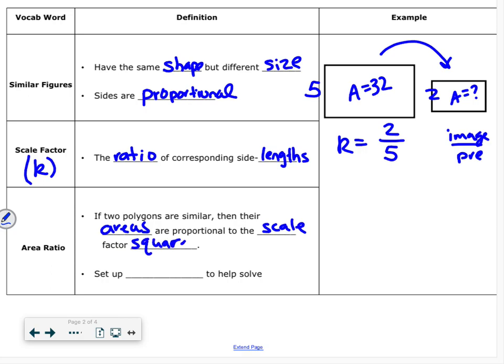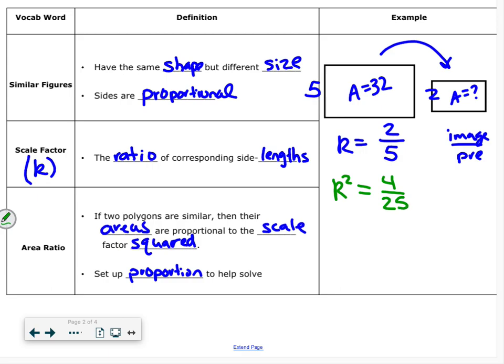So what we're going to do to find the areas, we're going to set up a proportion to help us solve. We're going to start with our scale factor. So we know our scale factor is 2 over 5. But because we're talking about area, we are going to square it. So 2 squared is 4 and 5 squared is 25.